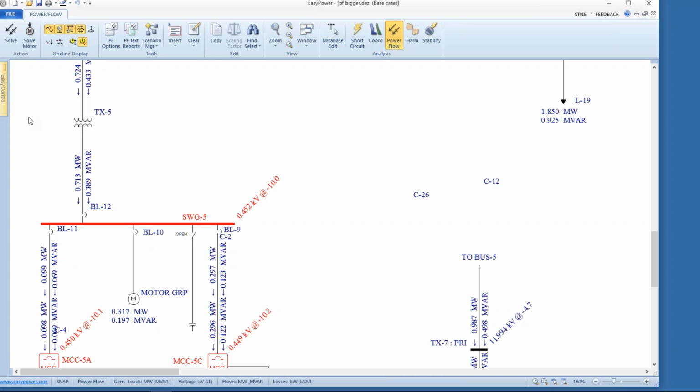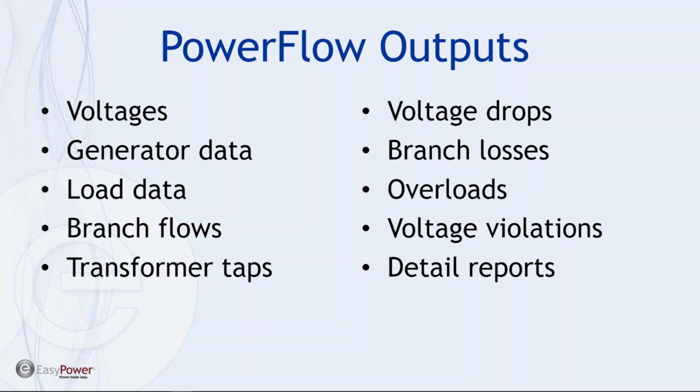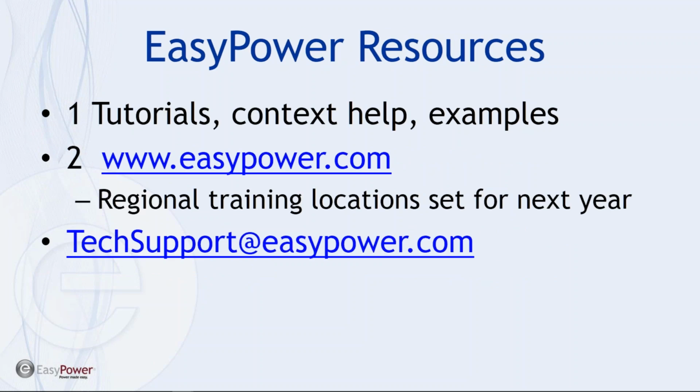We've covered all of the data points I wanted to cover, and we've indicated how we can optimize, or at least the opportunity to analyze voltages, generator data, load data, branch flows, transformers, the drops, the losses, and how to generate reports and make adjustments. So I think that pretty much caps what I was trying to present.